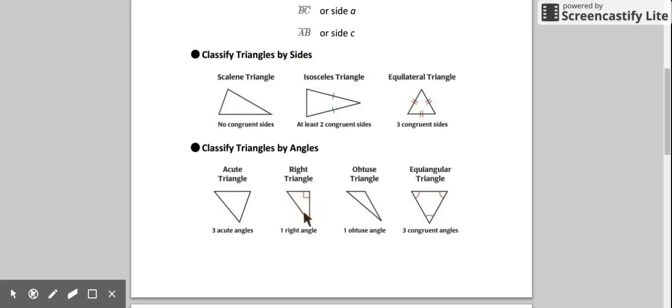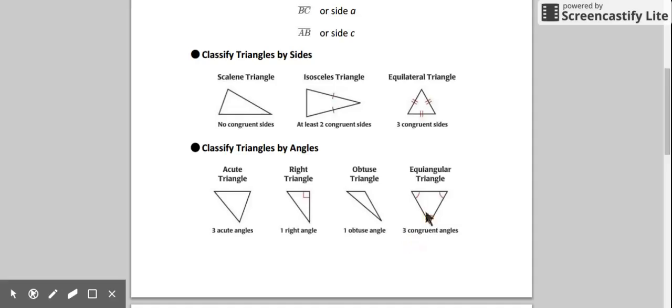The other two angles actually have to be acute angles, and they have to be complements of each other. They have to add up to 90 so that I have 90 plus 90, giving me a total of 180 degrees in my triangle. If I have a big angle, an obtuse angle in my triangle, I must have an obtuse triangle. And the other two angles would have to be acute if I had an obtuse angle.